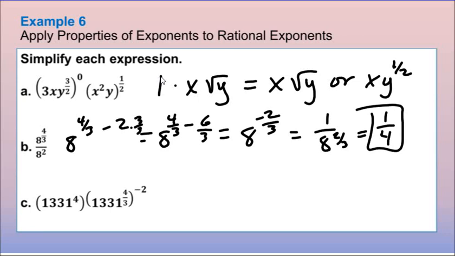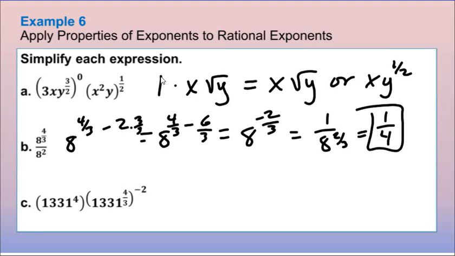And letter C, need to multiply those. So I'm going to do 1331 raised to the 4th power. So when I multiply like bases, you're going to add the exponents. So they both have 1331.